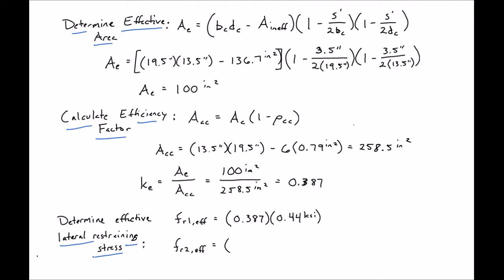And similarly, our f_R2, 0.387 times our f_R2, which was 0.31 ksi. So we'll find our effective stresses here to be 0.17 and 0.12.